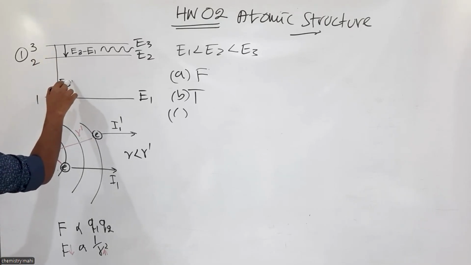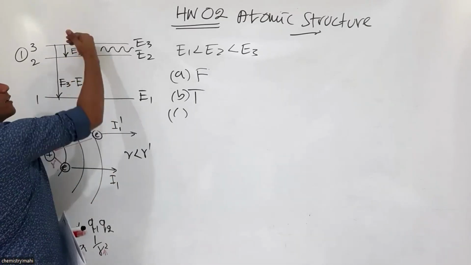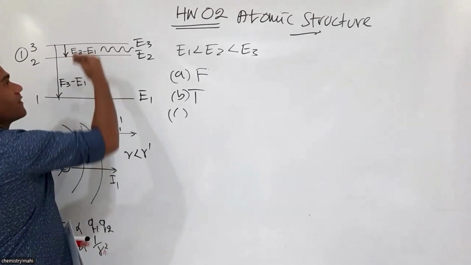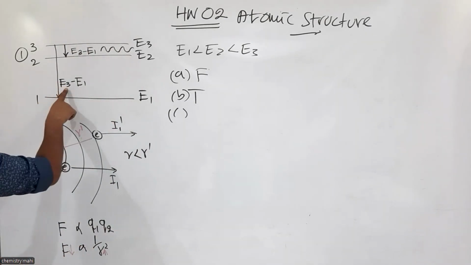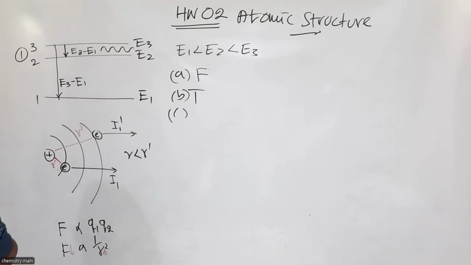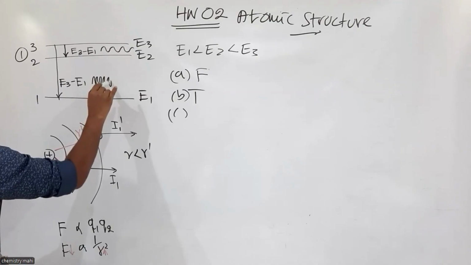The energy will be E3 minus E1. As you can see, the energy gap between 3 and 1 is greater than the energy gap between 3 and 2. Because of that, the energy released is larger. When the energy released is larger, the wavelength should be shorter.